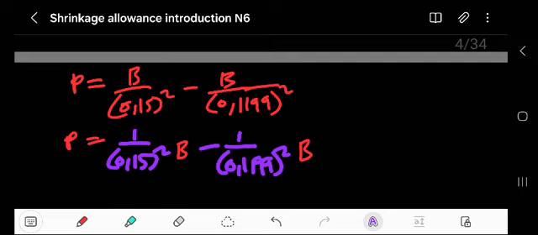Square this. What is the value that I could get? Did I square the value there? Yes.